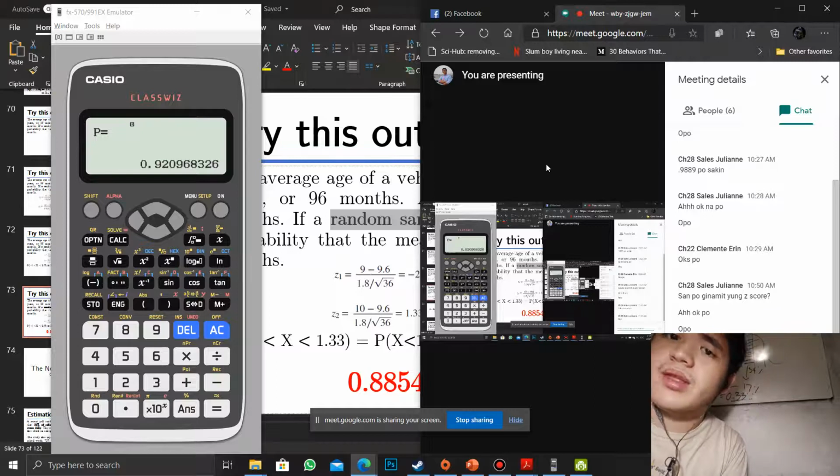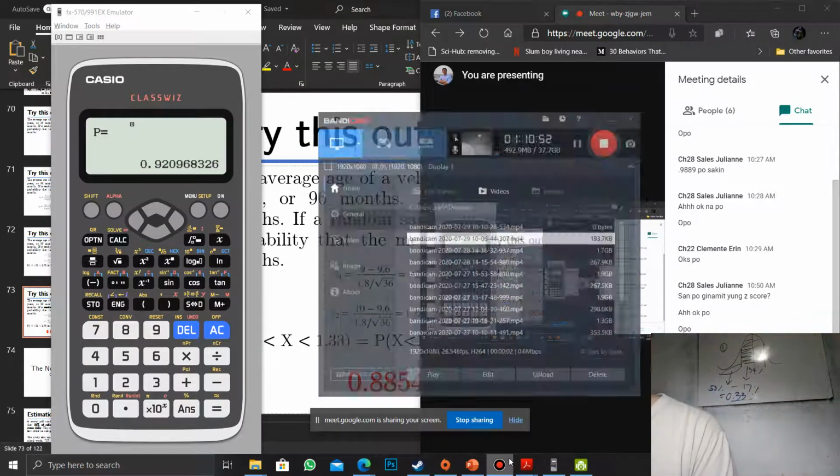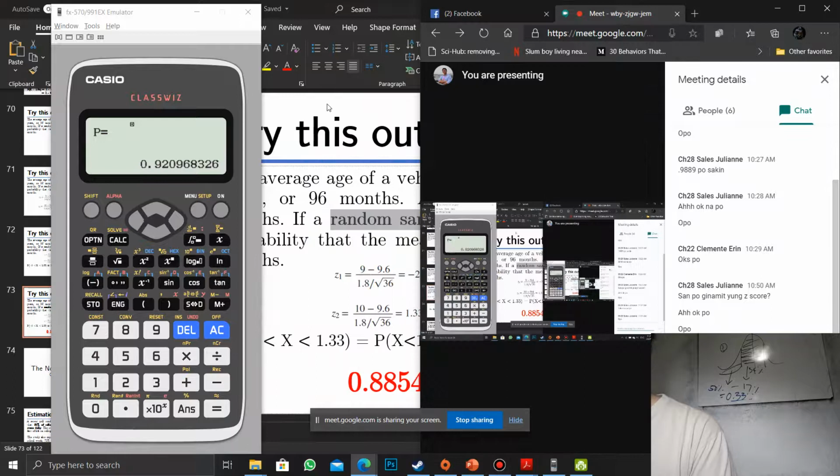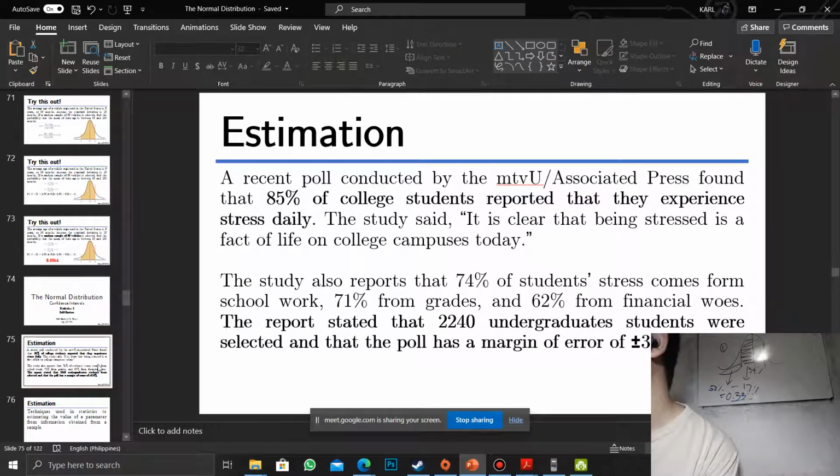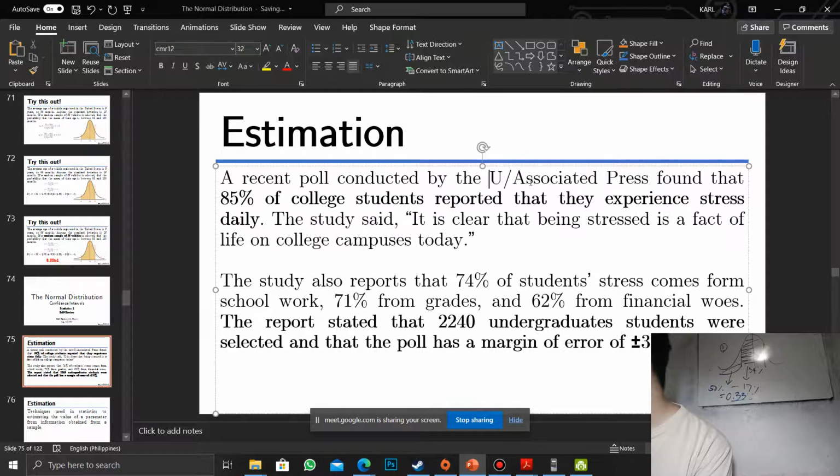Ngayon, let's go to the last part of our lesson for today, as we'll try to do some problem solving. Confidence intervals. Di ba, marami nagsasabi about 85%, mga percentage, proportions, margin of errors, no?